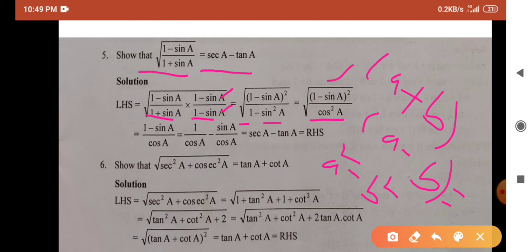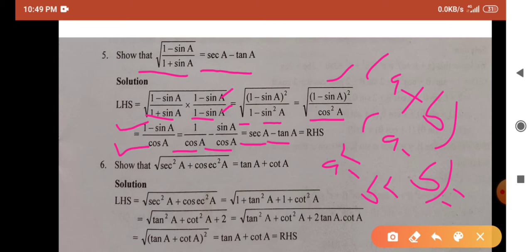Now take the term outside from the root. Already squares are there inside. If it comes outside, we get a single term here, 1 minus sin a divided by cos a. The values have come outside the root, right? Now 1 minus sin a by cos a is there. Now take denominator separately here: 1 by cos a minus sin a by cos a. 1 by cos a can be written as sec a, minus, as it is, sin by cos can be written as tan.